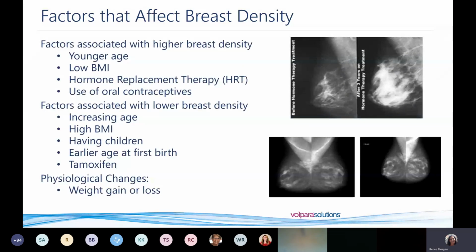So factors associated with higher breast density are going to be younger age, lower BMI, hormone replacement therapy, birth control use, and factors associated with lower breast densities will be increasing age, higher BMI, having children, the earlier the age at first birth, tamoxifen use, which is a medicine that blocks estrogen, as well as physiological changes such as weight gain or loss.